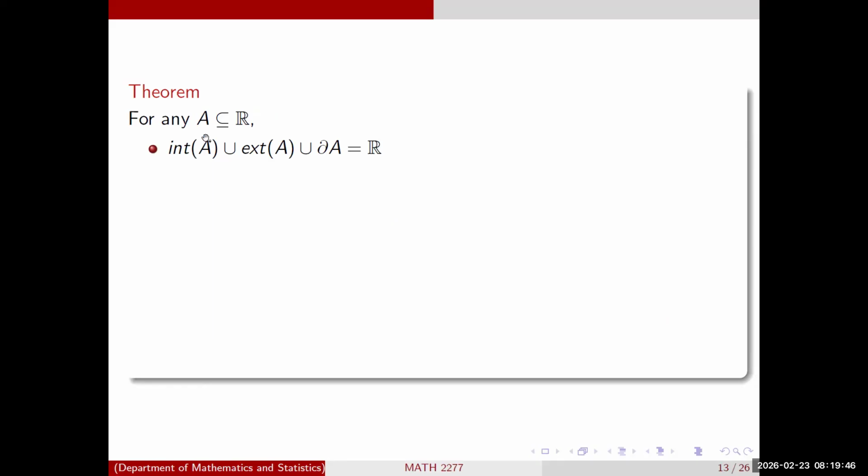In other words, if you know any two of these sets on the left-hand side, you see you have the union of three sets, you could figure out the third one, right? How could you figure out the third one? Well, if the union of all these three has to be all of the real numbers, and you know any two of them, then you just figure out what else you are missing in the real numbers, and that will be the missing set.